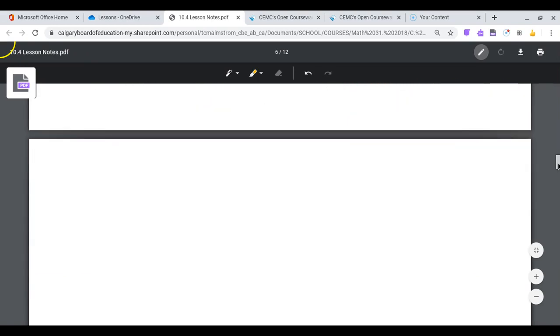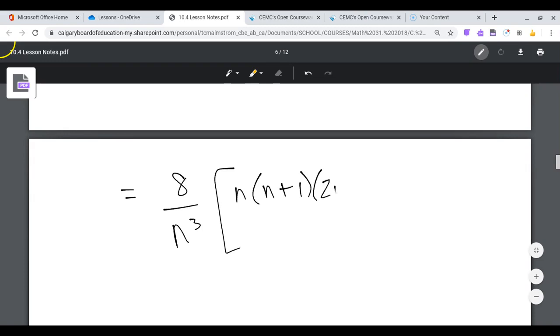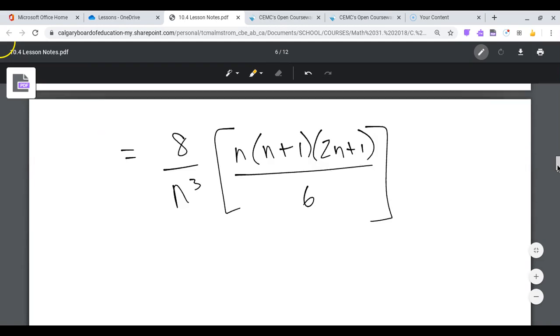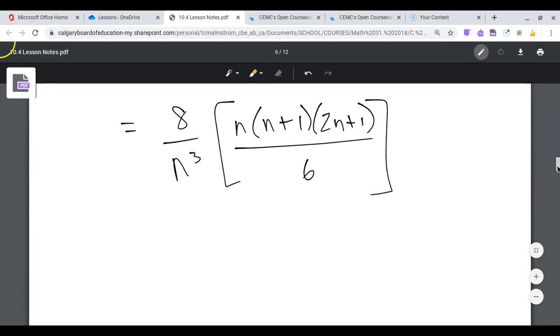So now I have that this is equal to 8 on n cubed multiplied by that formula, n times n plus 1 times 2n plus 1, all on 6. Now I am allowed to drop my sigma notation, and I'm going to try and tidy this up.